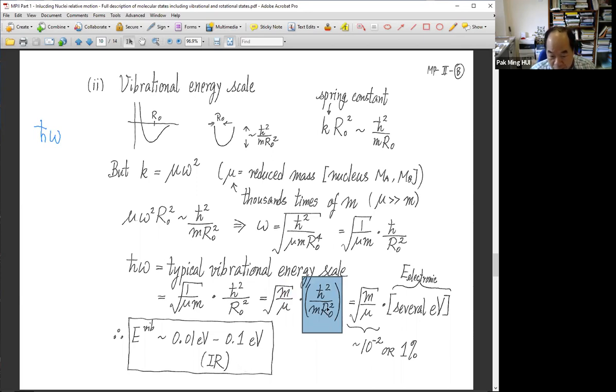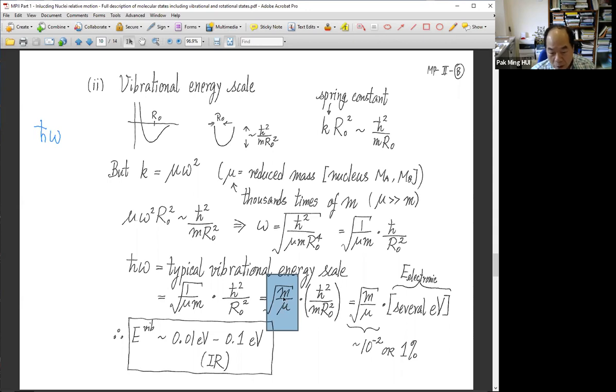So the end result is the vibrational, the spring constant, the typical h bar omega is this ratio, the square root of an electron mass over the reduced mass. Now this is atoms mass. This is electron mass. This is at least 2,000 times, but could be 10,000 times or more, because hydrogen is 2,000 times, but other molecules will have a much bigger reduced mass from the nuclei than the electron, okay?